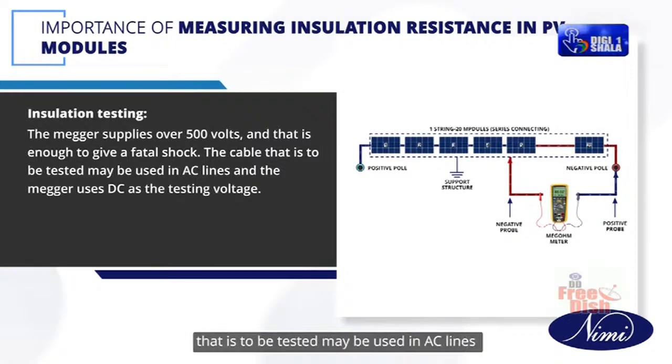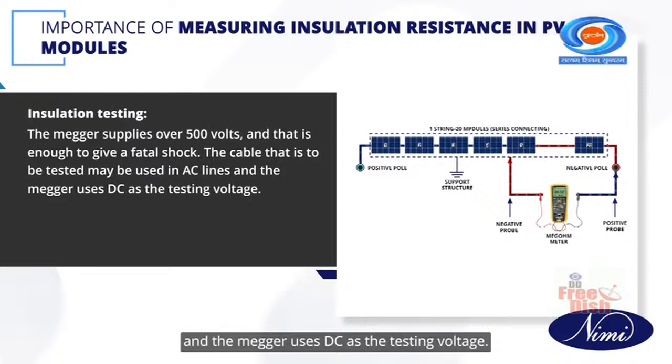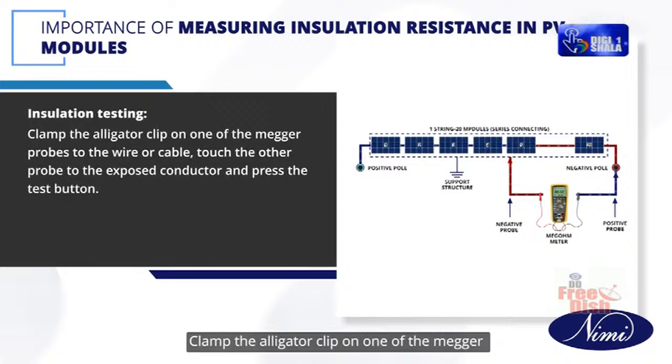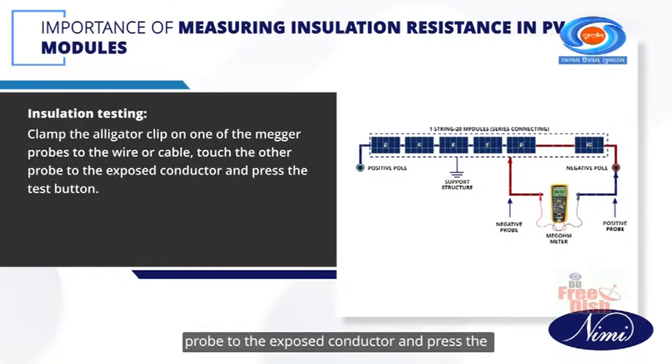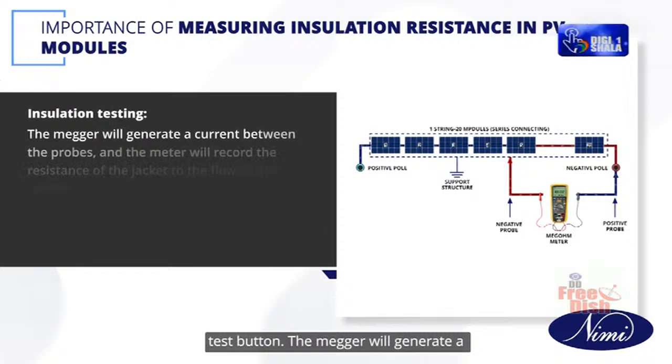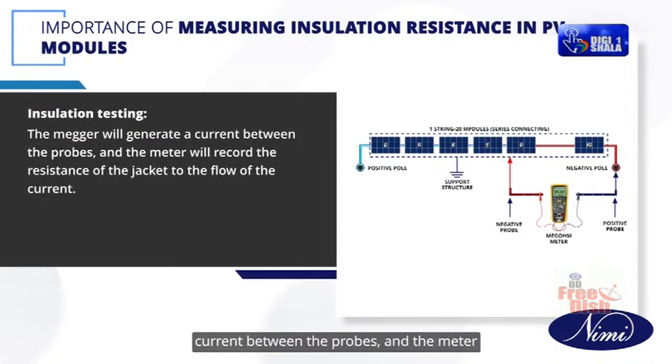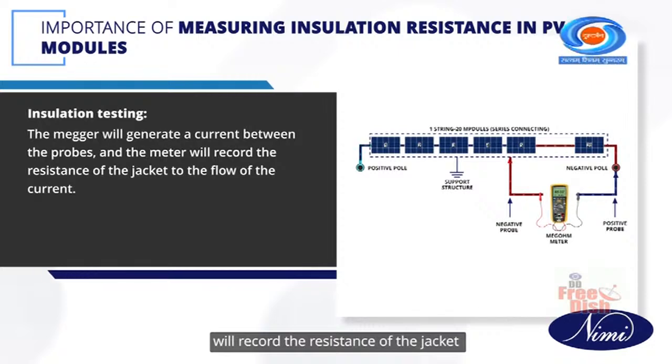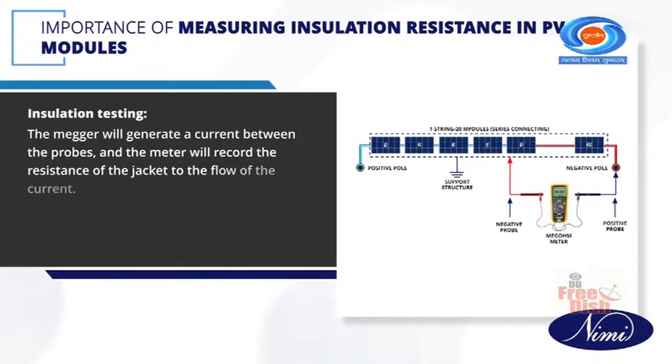The cable to be tested may be used in AC lines and the Megger uses DC as the testing voltage. Clamp the alligator clip on one of the Megger probes to the wire or cable, touch the other probe to the exposed conductor and press the test button. The Megger will generate a current between the probes and the meter will record the resistance of the jacket to the flow of the current.